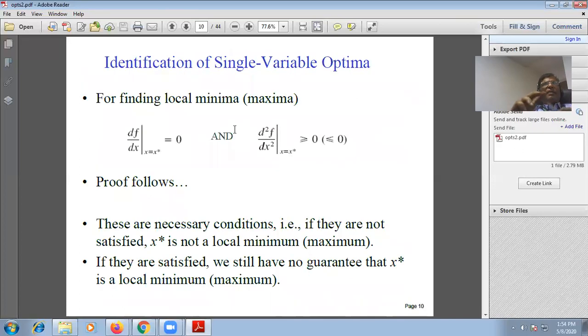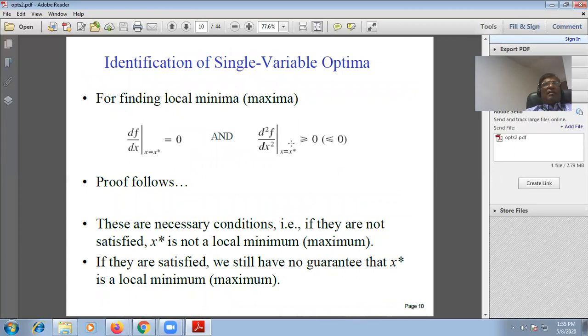And identification of single variable problem is what? You are differentiating here with respect to x. At this juncture you are finding the value 0. In the case of the second derivative, the value may be greater than 0 or equal to 0.